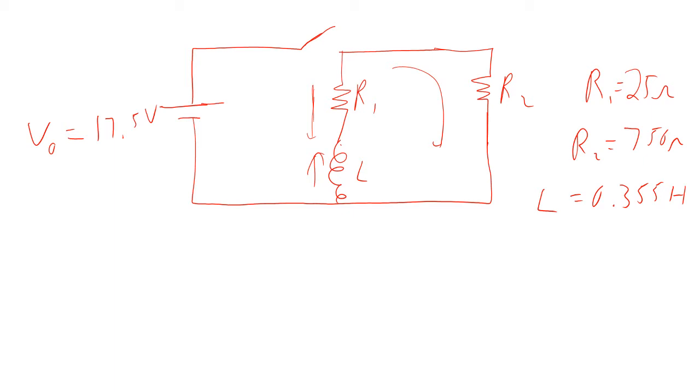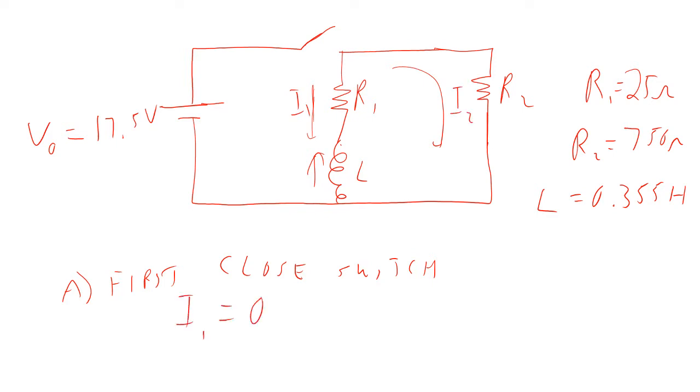So step A, when you first close the switch, then we can call this I1 and I2. I1 is 0. The inductor resists current flowing, so no current initially flows on that path right there.